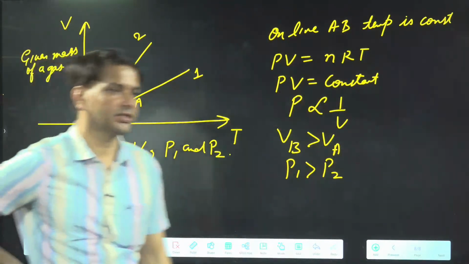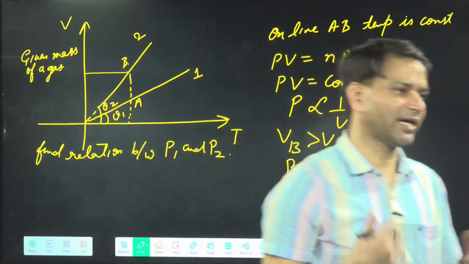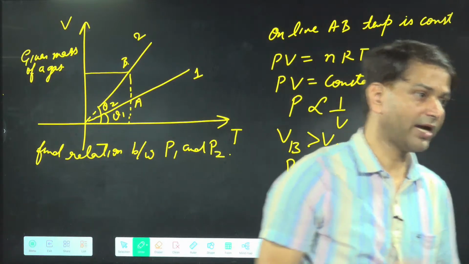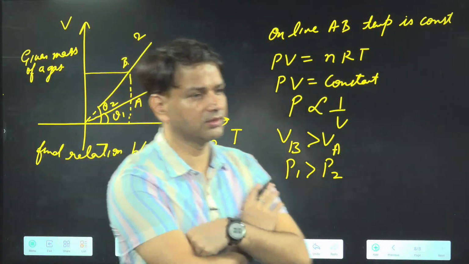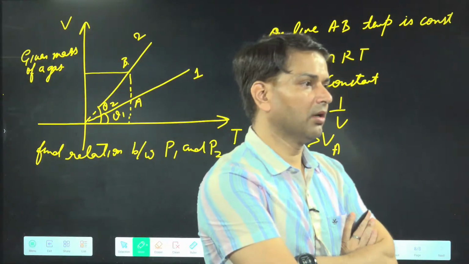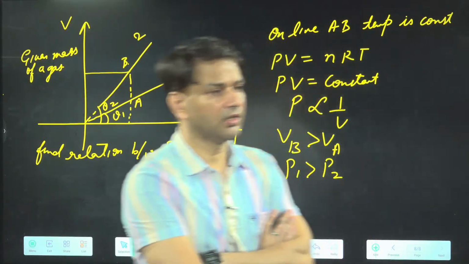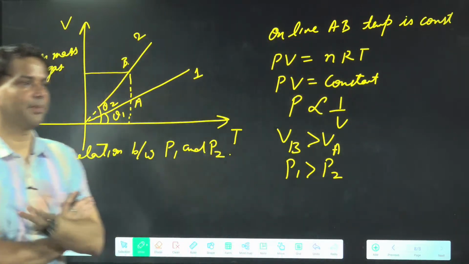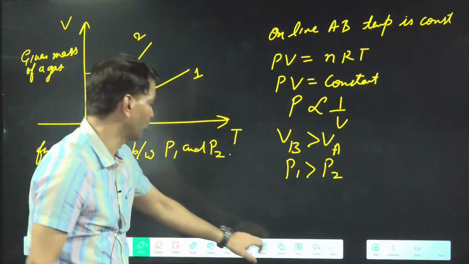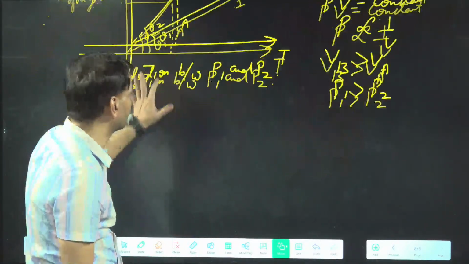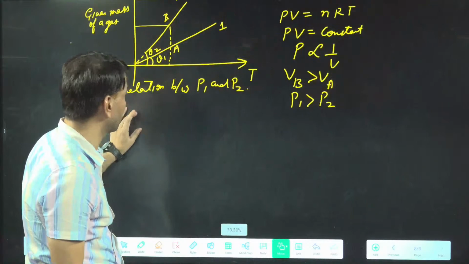How can we use the theta also, or how can they give the problem based on theta. So suppose I am saying this graph is plotted for 1 mole of a gas. Now I am giving another problem on the same graph.